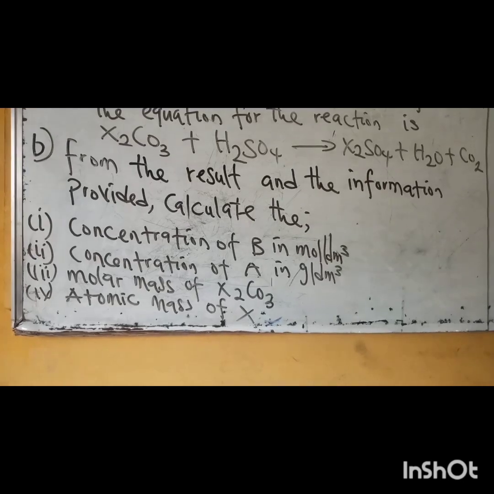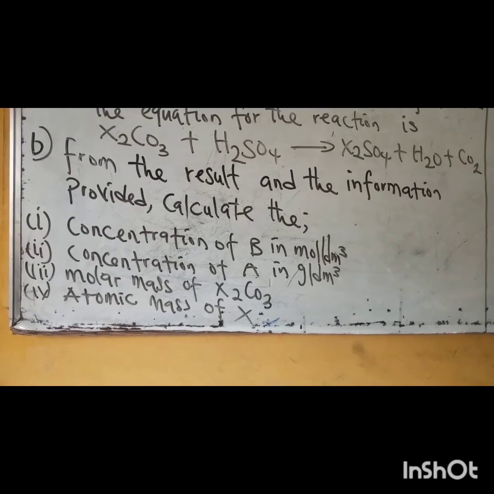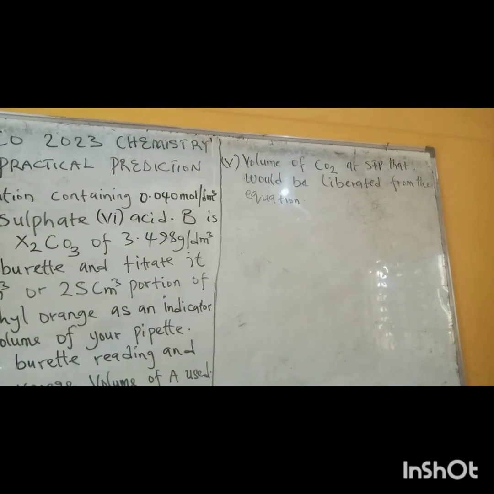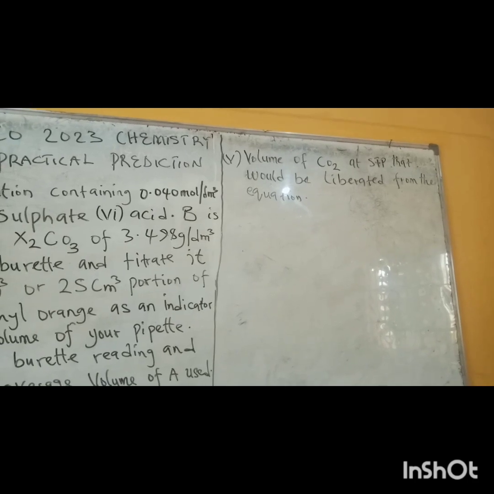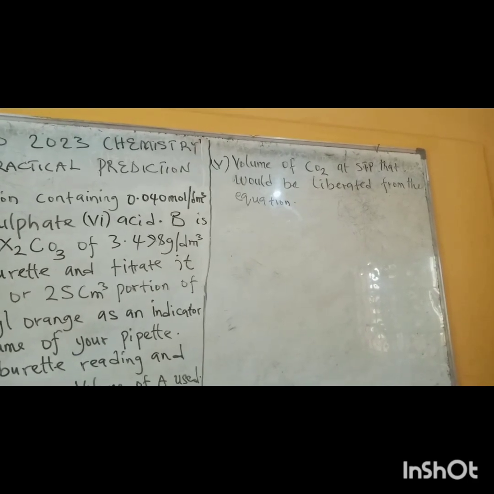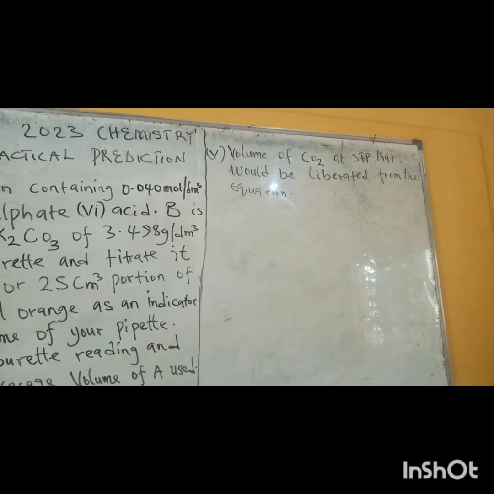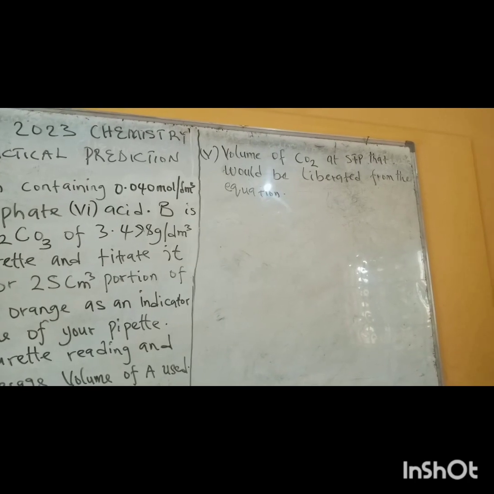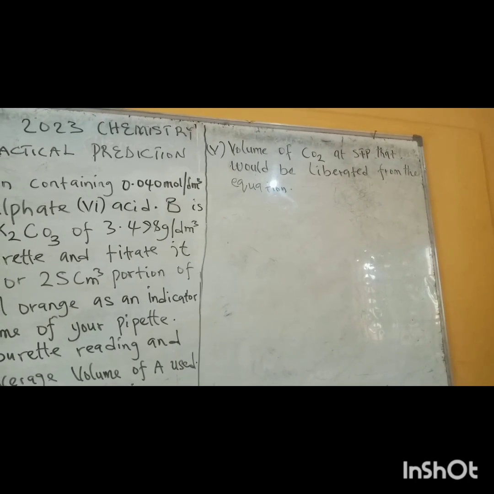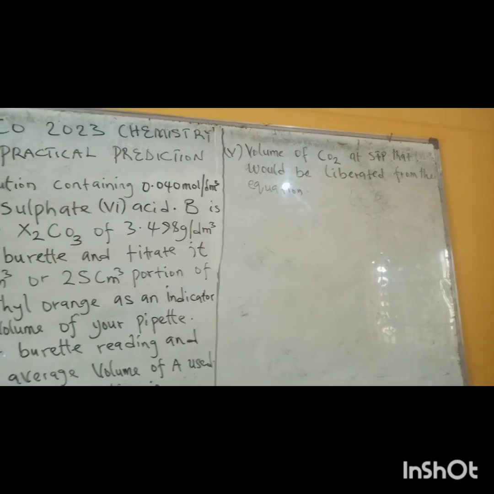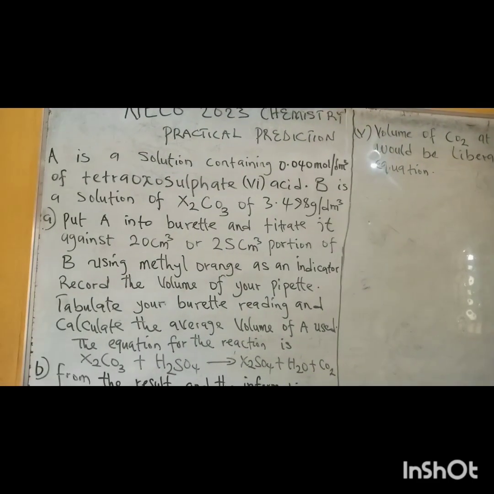The next is to calculate the atomic mass of X. And the last is to calculate the volume of CO2, that is carbon dioxide, at STP that will be liberated from the equation. Remember, the volume of carbon dioxide at STP is given as 22.4 dm³.